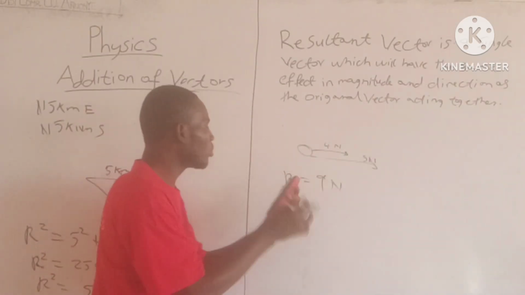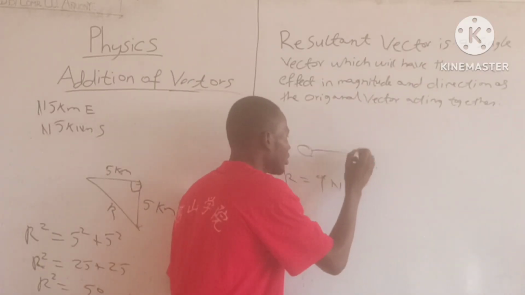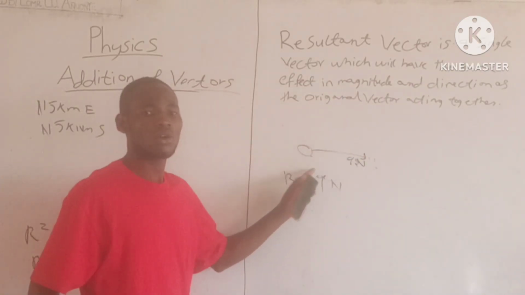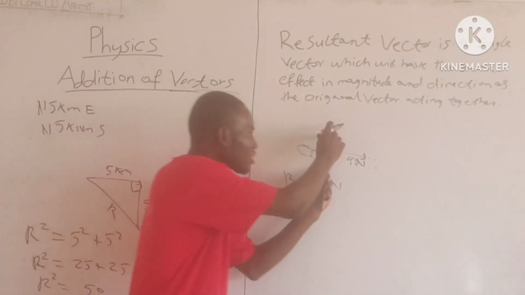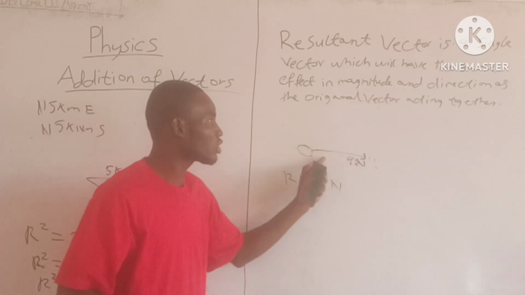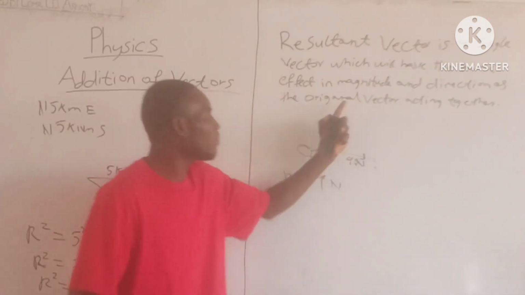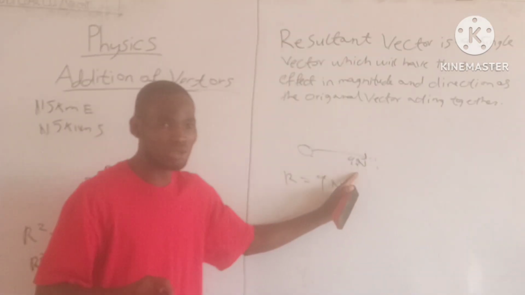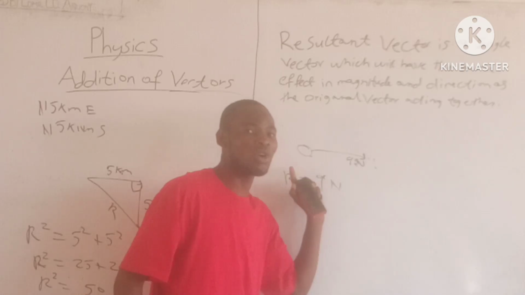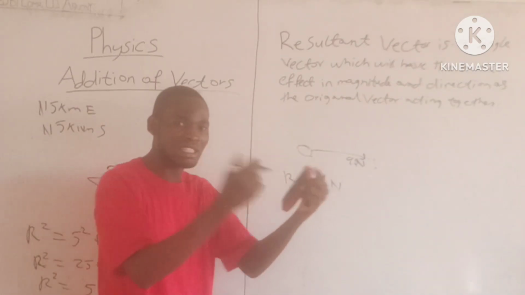That means if you remove these two forces and apply only 9 Newton, it will still give you the same effect on this board. The ball will go in the same direction as the original vectors, 4 and 5, acting together.